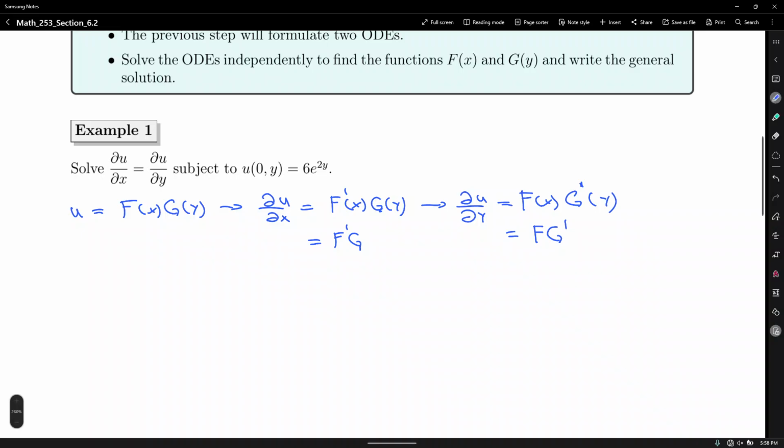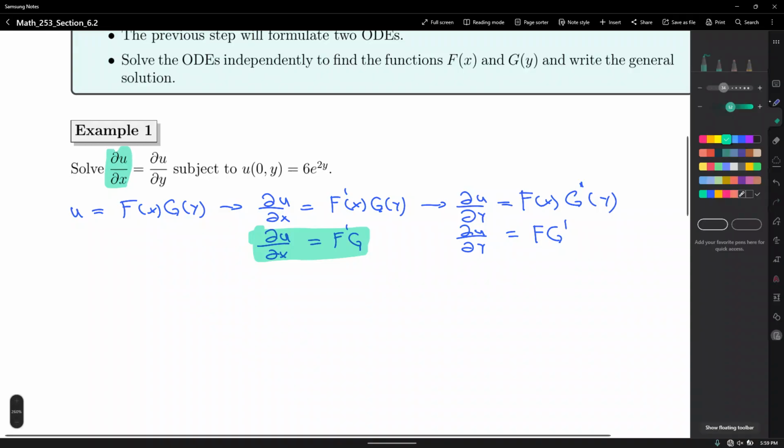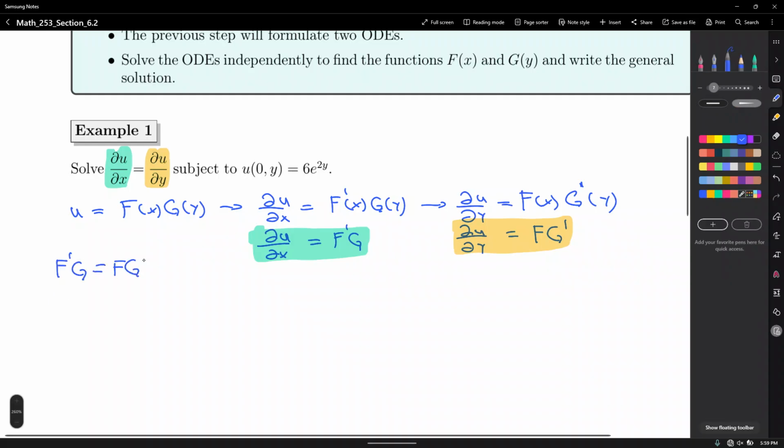So let me actually do this, substitute here, and number two, this, substitute there. Substituting, F prime G equals F G prime.